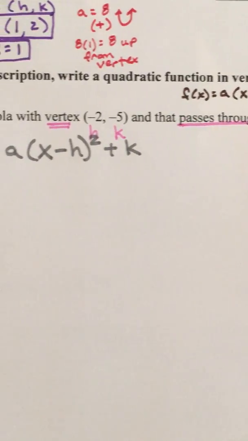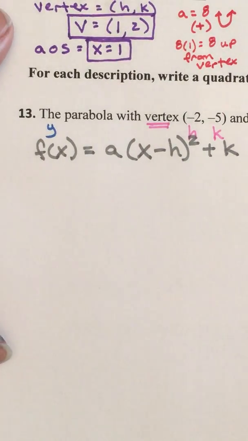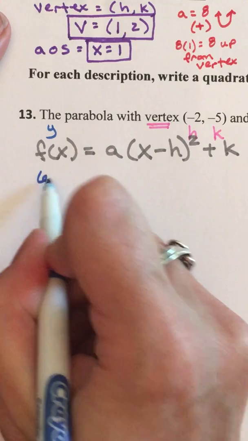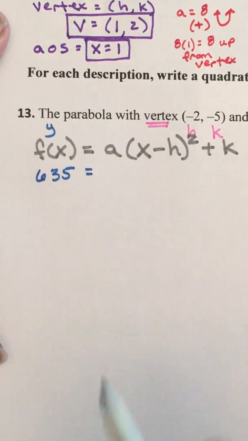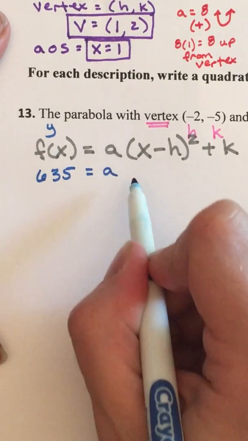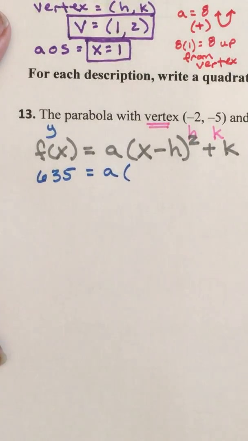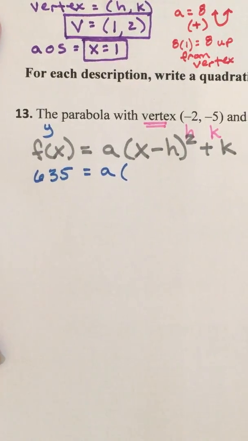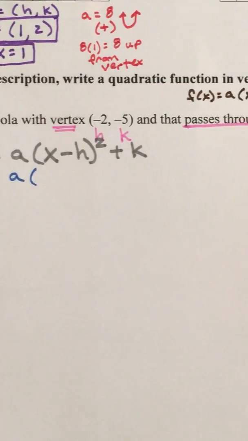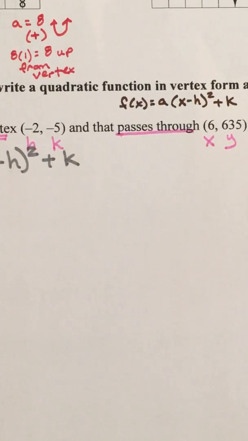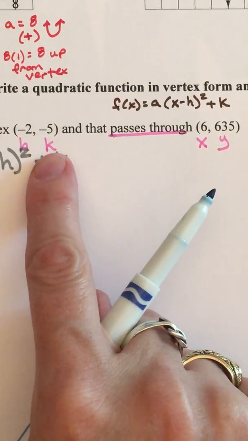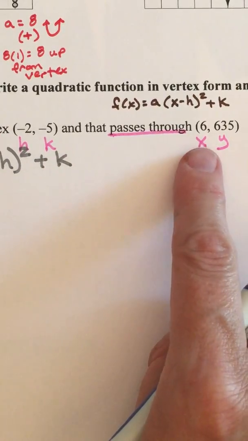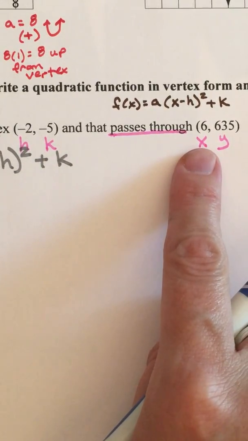You have a calculator and a good brain. 635 equals a. We don't have anything labeled for a. Nothing at all. But I do have an x. What's the value of x in my two coordinate points? There it is. There's my x. It has a value of 6.